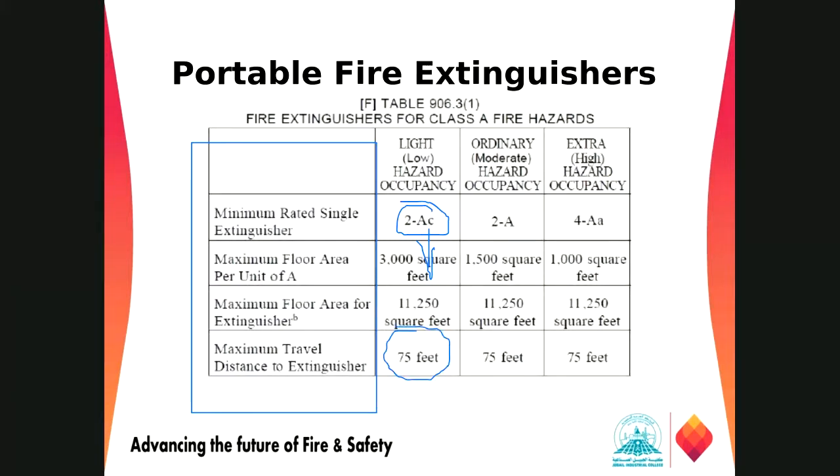For ordinary hazards, the maximum floor area protection is reduced to 1,500, and for extra hazard to 1,000 square feet. In extra hazard, the rating of the fire extinguisher should be a minimum of 4A, which can fight a fire in an area of only 1,000 square feet.